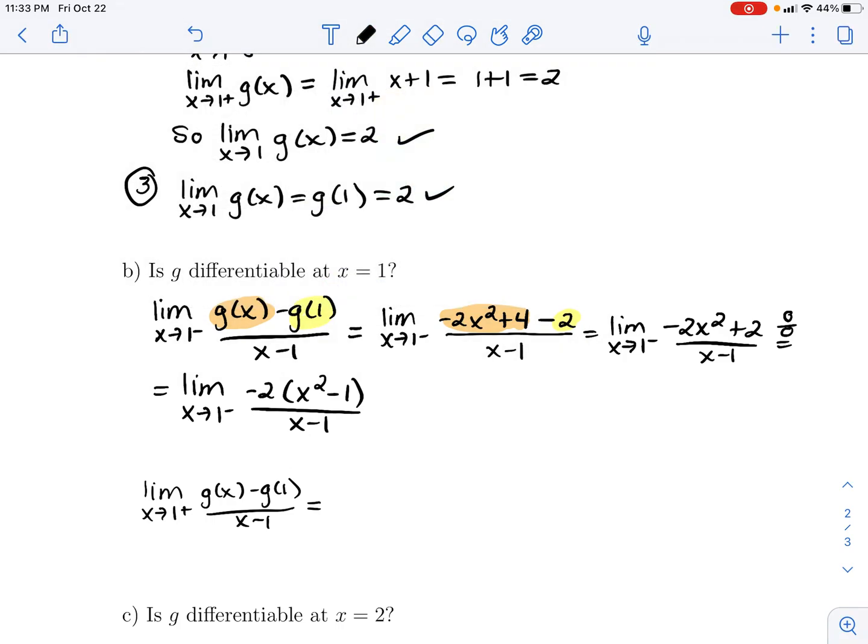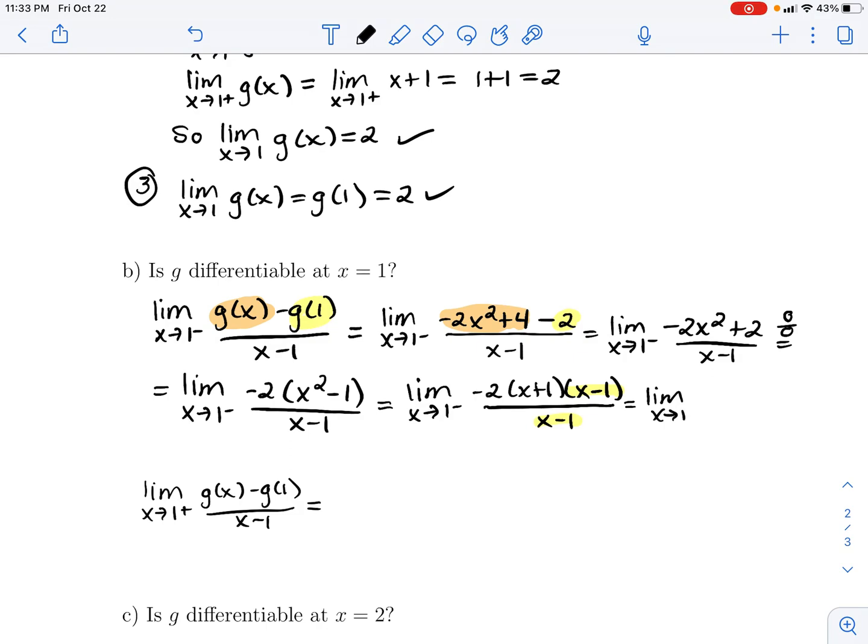So now we can factor further, right? Because in the numerator, x squared minus 1, that's the difference of squares. So we're not quite done factoring. So this is negative 2 times (x plus 1) times (x minus 1) all over x minus 1. And now you should see cancellation here.